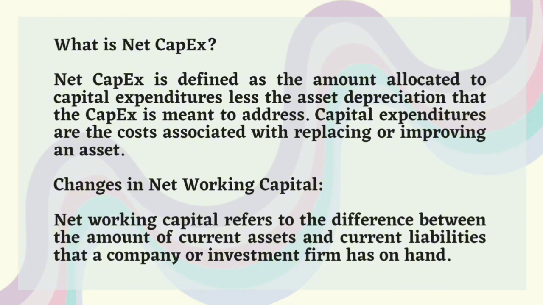Next is change in net working capital. Net working capital refers to the difference between the amount of current assets and current liabilities that a company or investment firm has on hand. Change in net working capital refers to the change in the difference between current assets and liabilities over time.